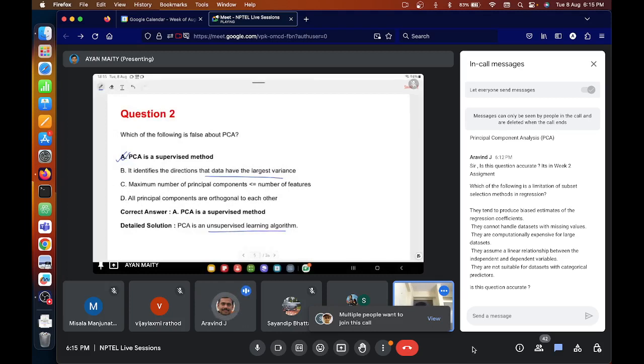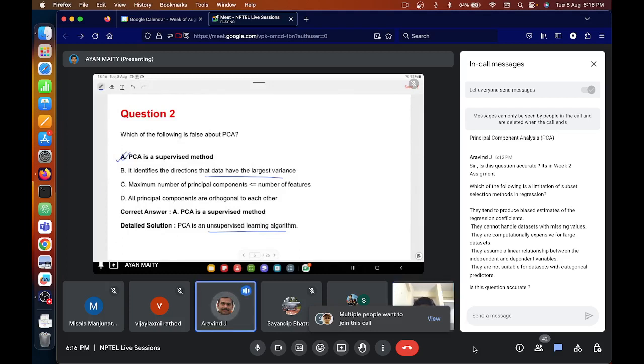But do you agree that this question has issues? Of selection and population, they tend to produce biased estimates of values, and they cannot handle datasets with missing values. They are computationally expensive for large datasets. They assume a linear relationship between independent variables. Yes, they are not suitable for datasets with categorical predictors. No, in my opinion the question is correct.